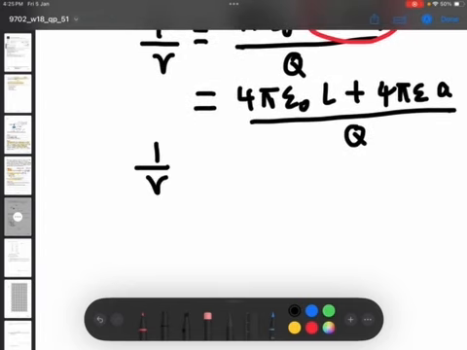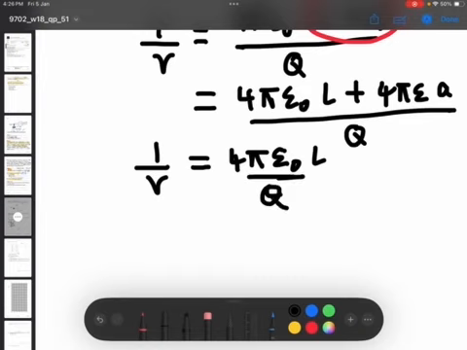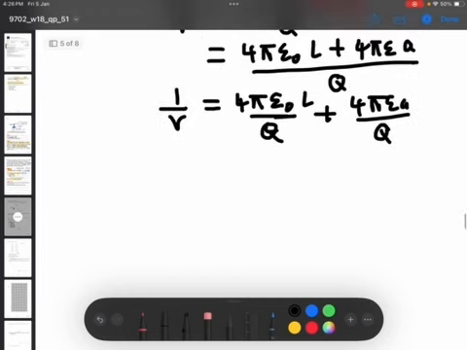We rewrite 1 over V is equal to 4 pi permittivity of free space L over Q, then next, plus 4 pi permittivity A over Q. As you can see, we have managed to achieve what we wanted.